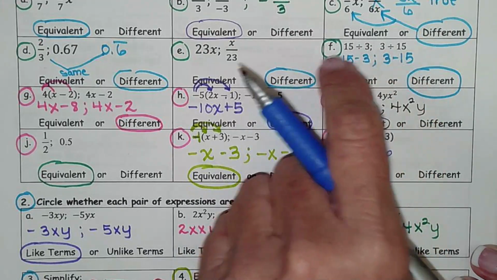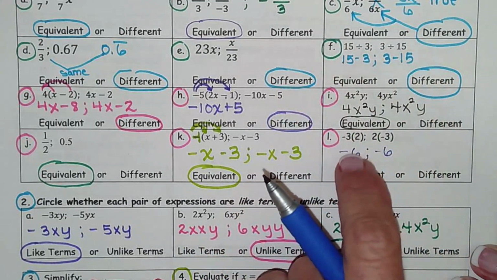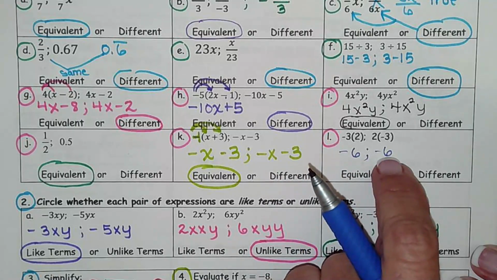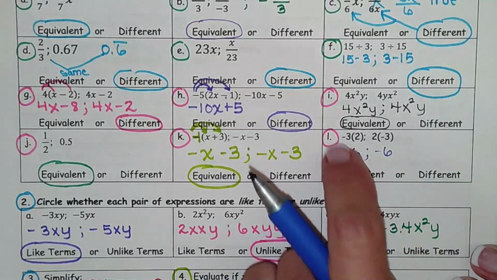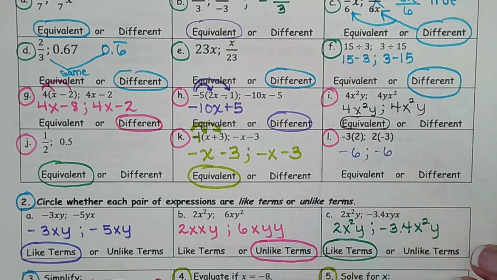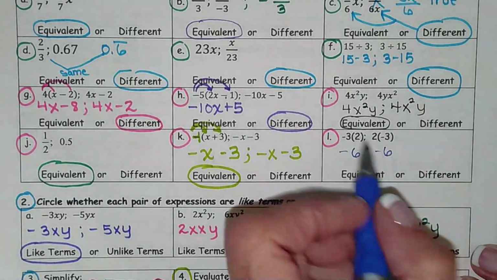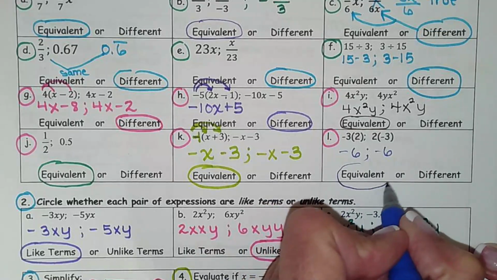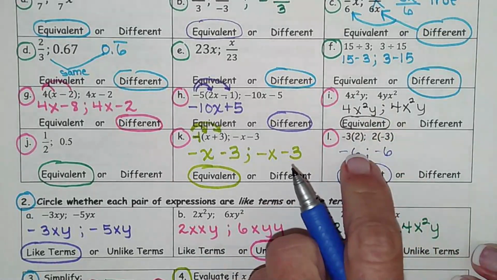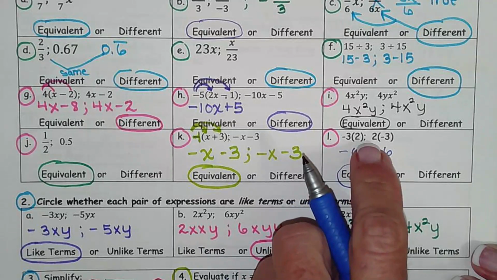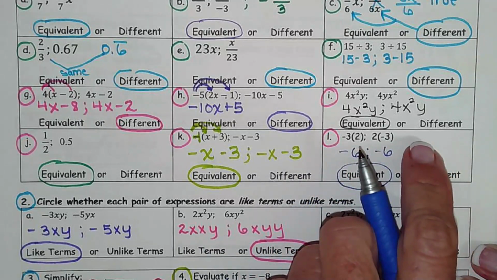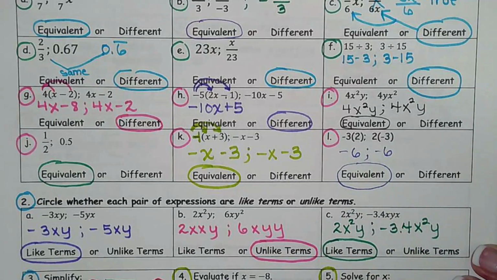Not equivalent, not equivalent. But this one we can see by working each one out. One negative gives us a negative answer, and they're both -6. So these are equivalent. And that would be the same thing if we did addition. -3 plus 2 equals 2 plus -3. Addition and multiplication, order does not matter.